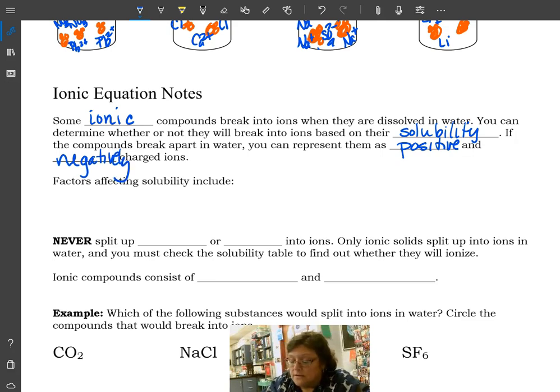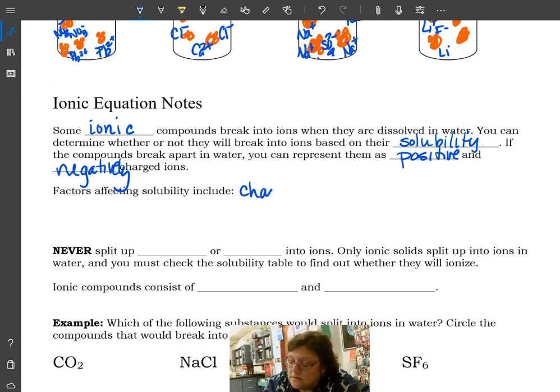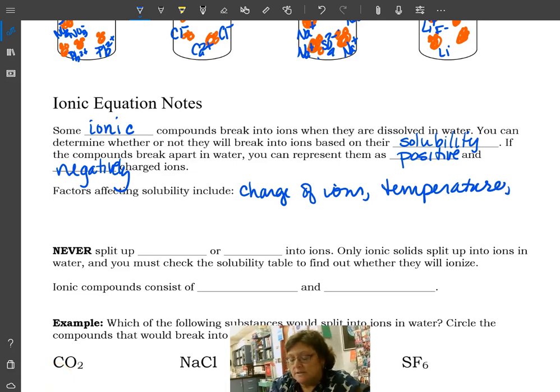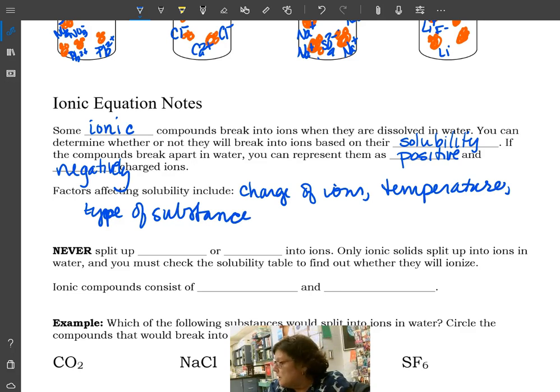Factors that affect solubility include the charge of the ions, the temperature of the solution, the type of substance, whether it's ionic or covalent, if it forms ions or not, and the polarity, which means is it attracted to the water that has a slight positive charge and a slight negative charge.